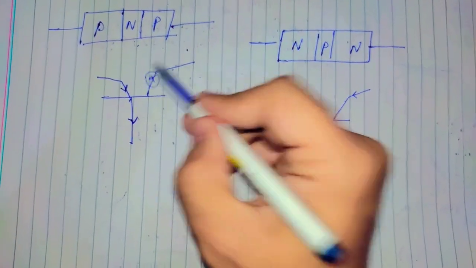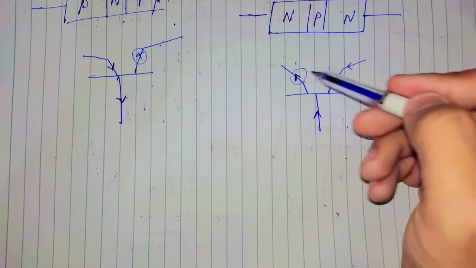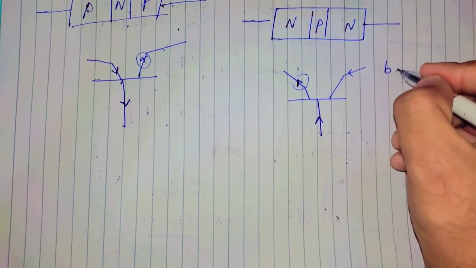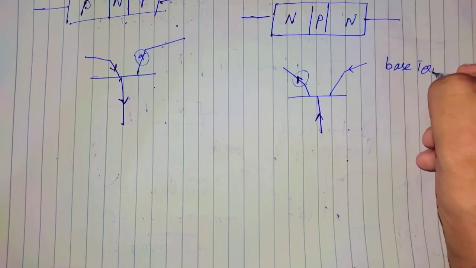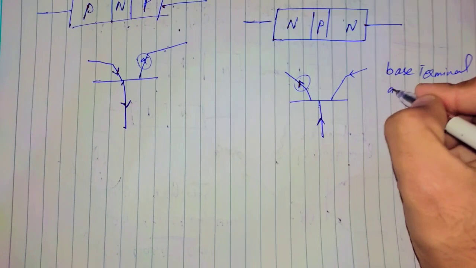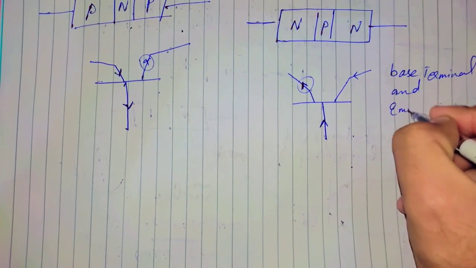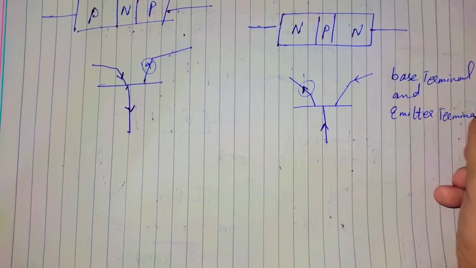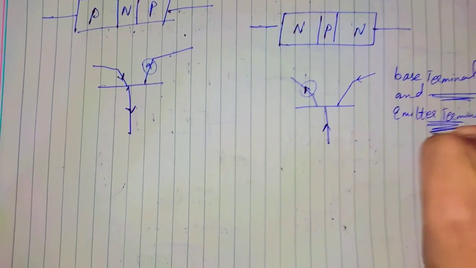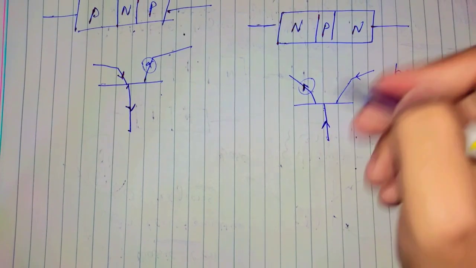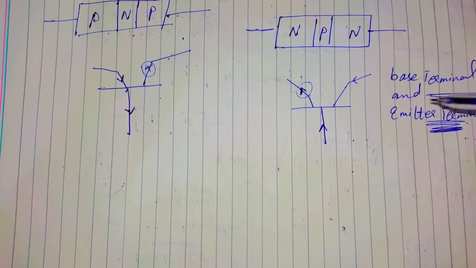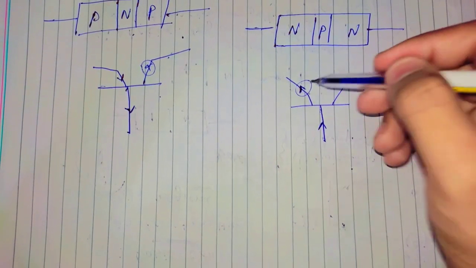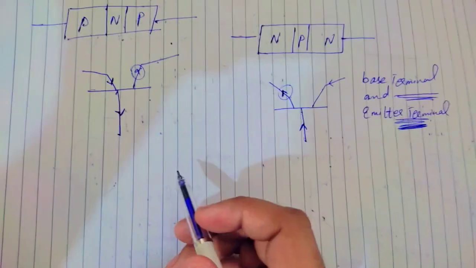The arrows in the circuit symbol show the direction of the conventional current flowing between the base terminal and emitter terminal.